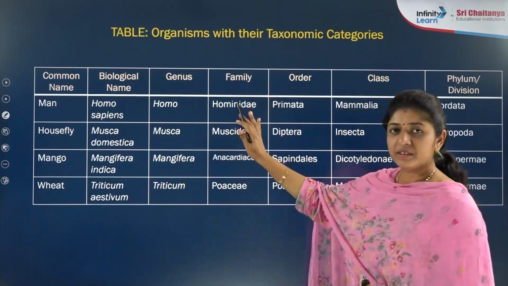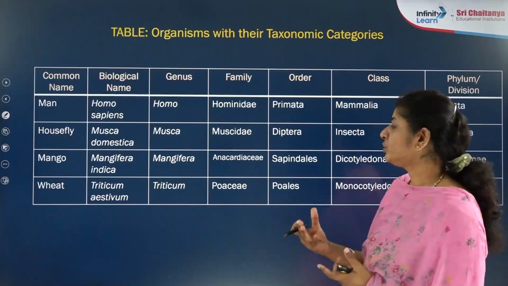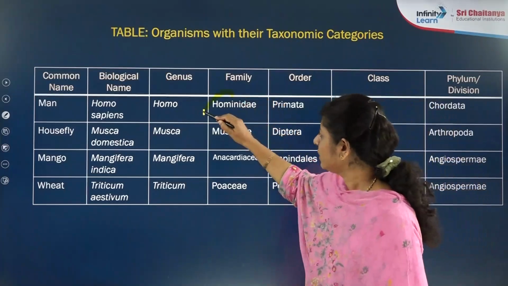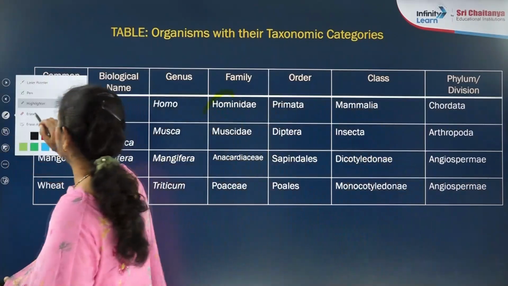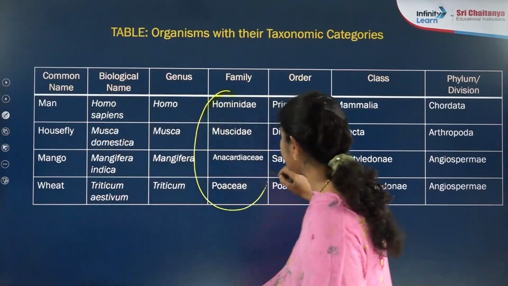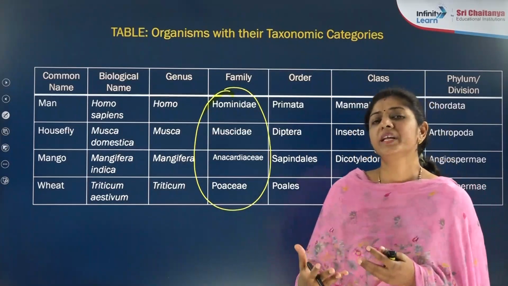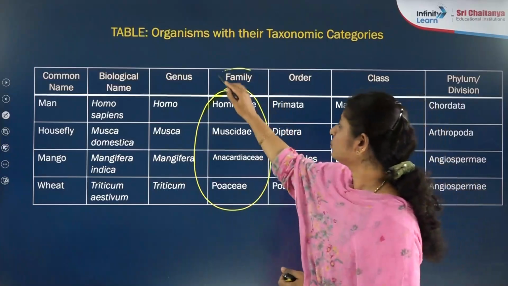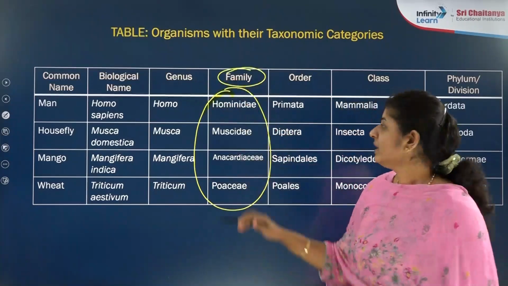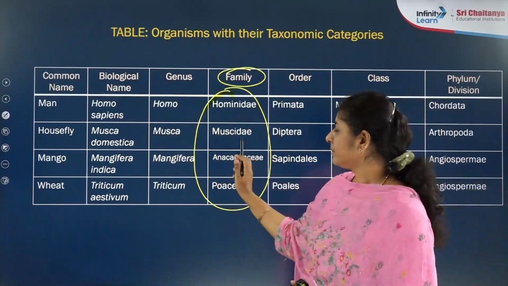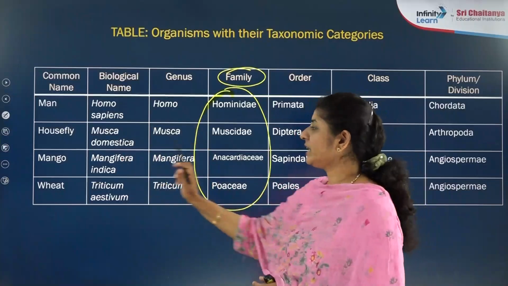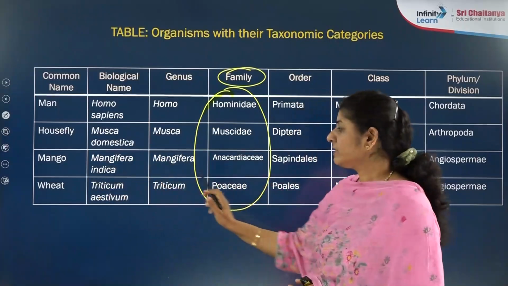Then for family. Now what they may do as a question is give you all those features and names and ask which common category it belongs to. It belongs to family, right? Hominidae for man, Muscidae for housefly, Anacardiaceae for mango, Poaceae for wheat.